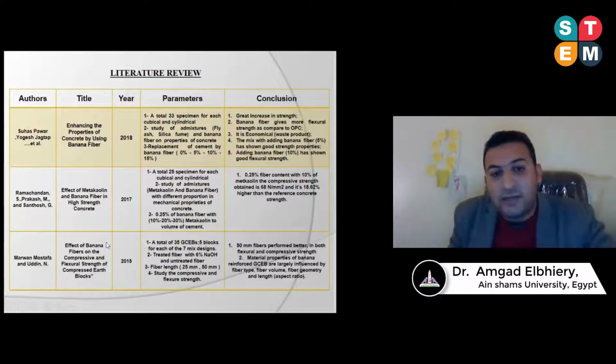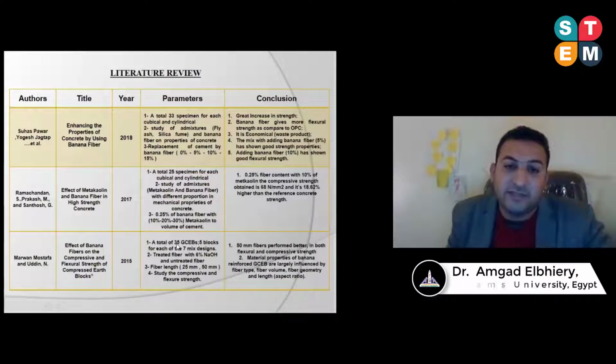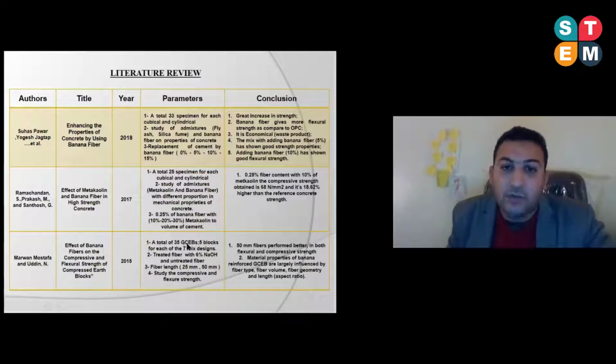The third one used the banana fiber in the compressed earth block. His total is 35 green compressed earth blocks, 5 blocks for each of 7 mix designs, treated fiber with 6% sodium hydroxide, and untreated fiber, with length 25 to 50 millimeters.